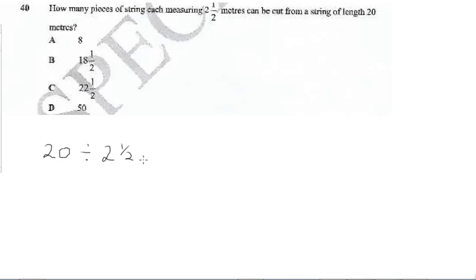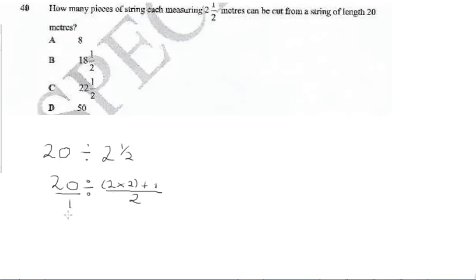Okay, so this is the same as 20 divided by 2 1/2. We convert this mixed fraction to an improper fraction. So we say 2 times 2 plus the numerator 1, all over 2. And this 20 is the same as 20 over 1, it's a whole number.